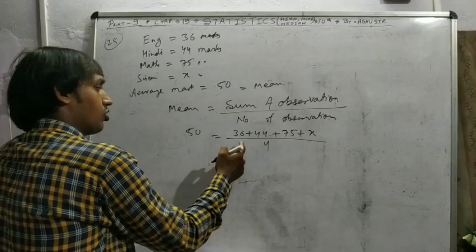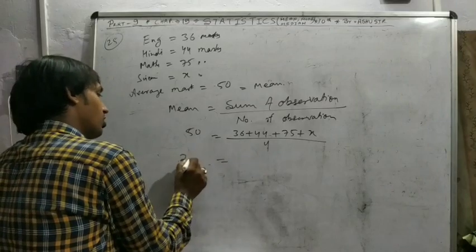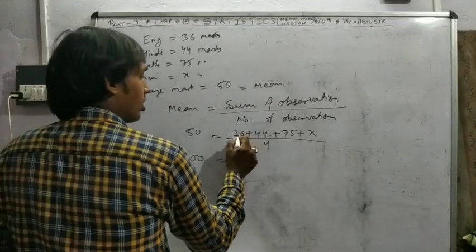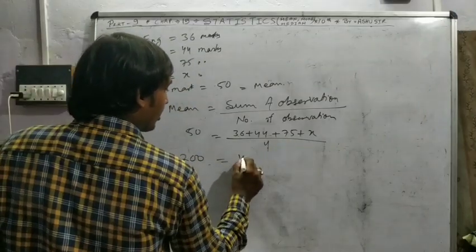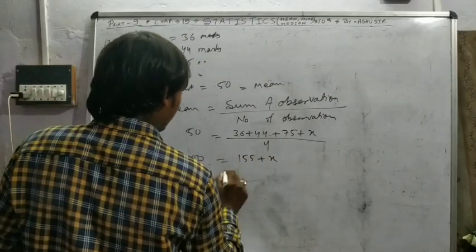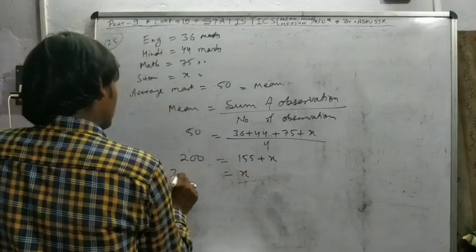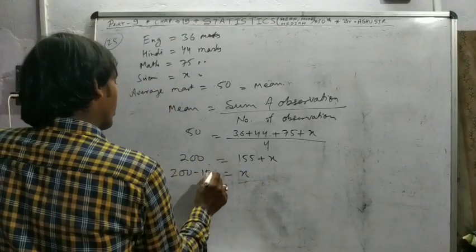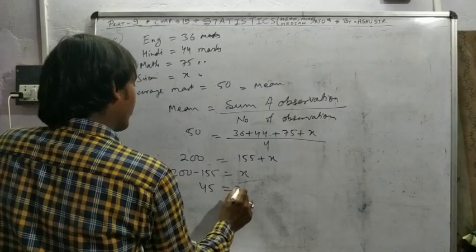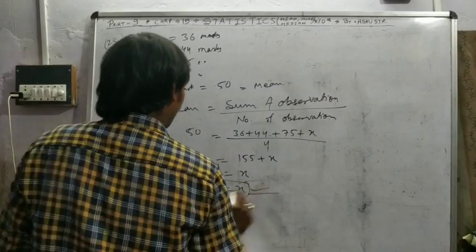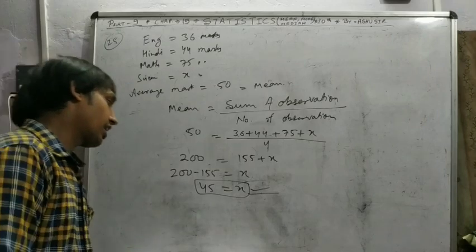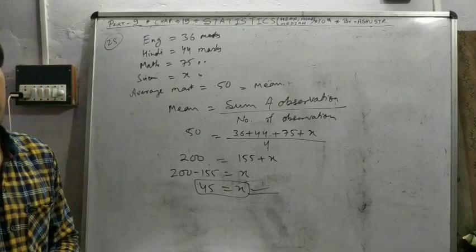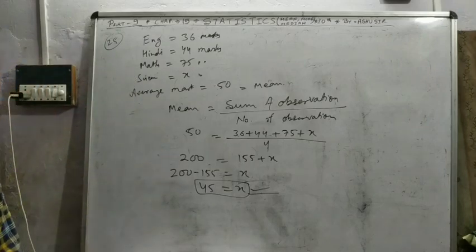Then cross multiply, 50 into 4 is 200, 36 plus 44 plus 75 is 155, plus x. So x is equal to 200 minus 155, 45 marks he gets in Science. Okay, pause the video and note down.